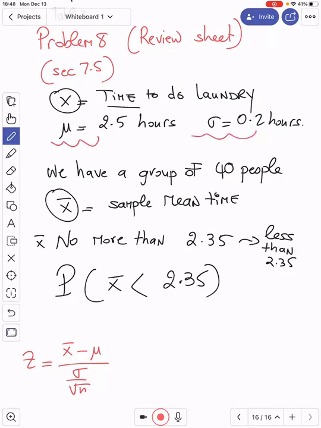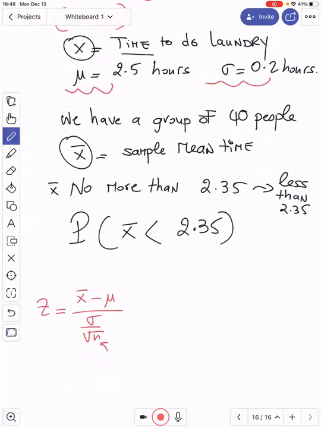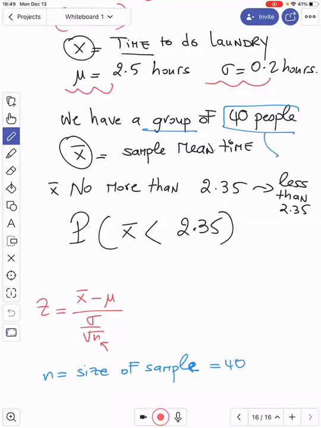The question, of course, is what's this n? Well, n is the size of the sample. Here we have a group of 40 people, so the size of the sample is 40. That's our sample, so n here is 40.